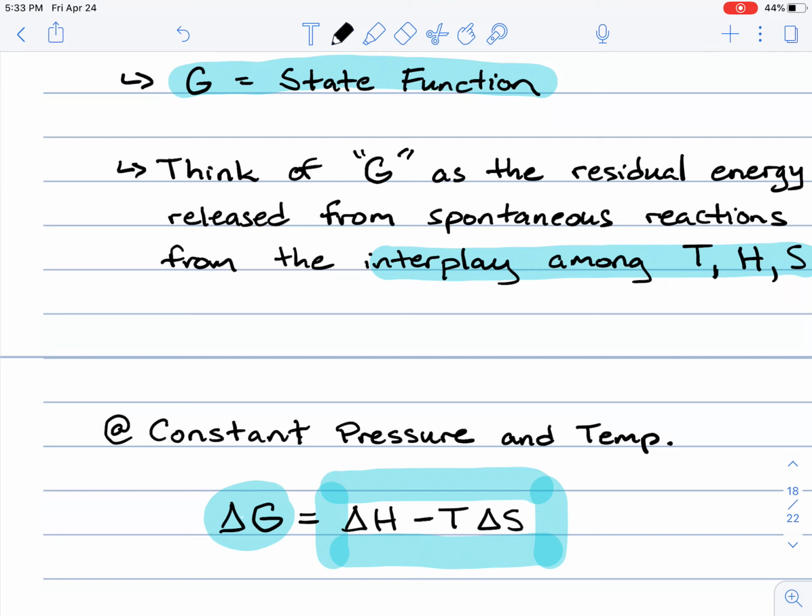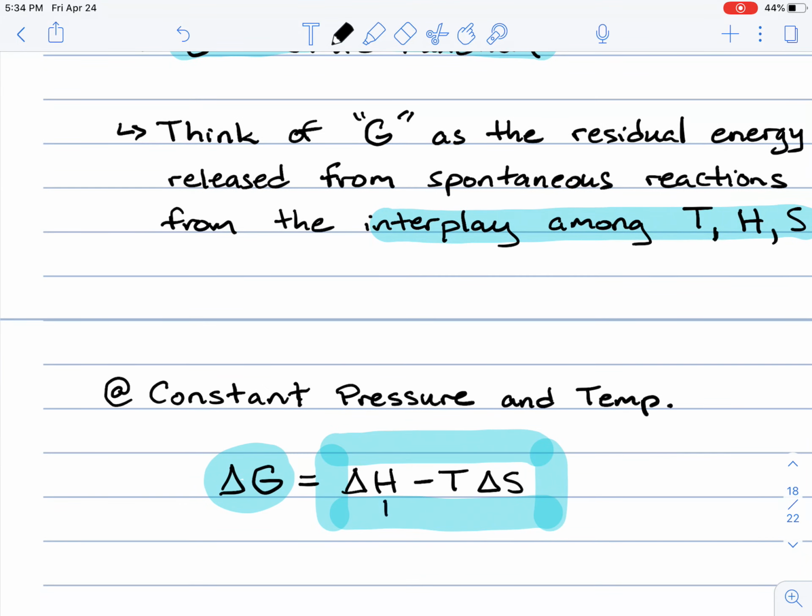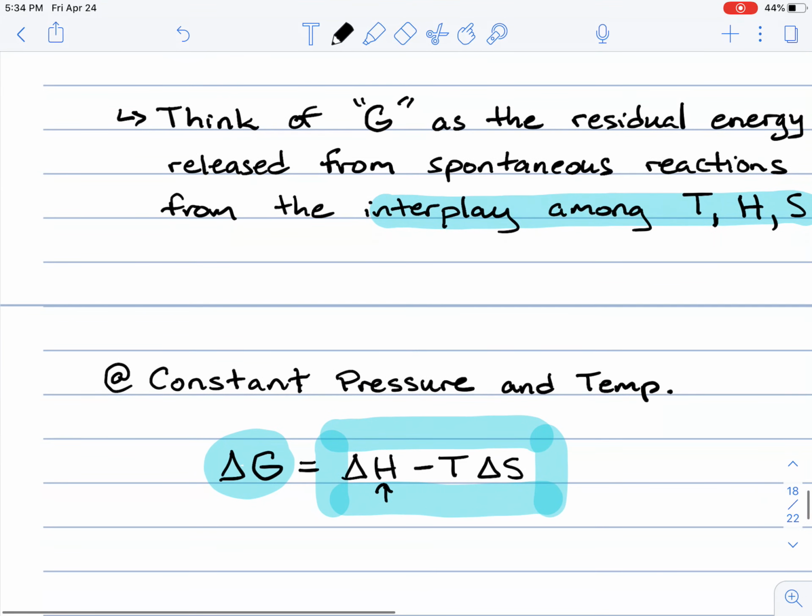And so this is telling us that the Gibbs free energy of the system is equal to the change in enthalpy of the system minus the temperature, which is more of a surrounding type of thing, times the change in entropy of the system.